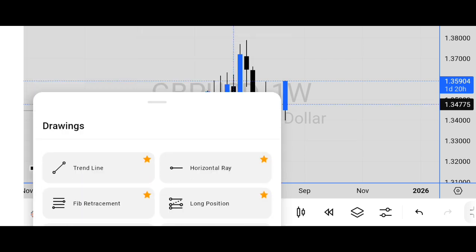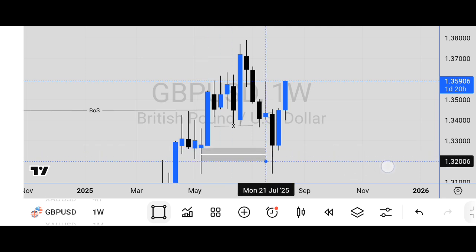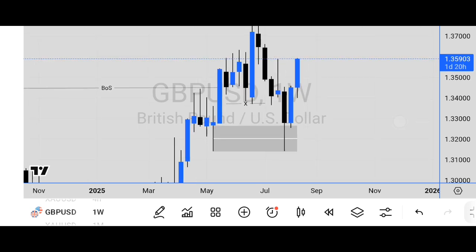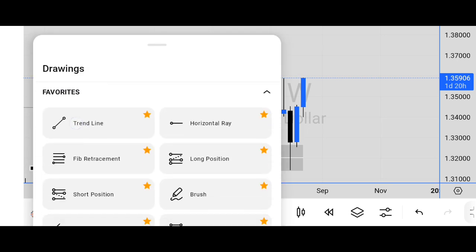So right here we have our order block. Since the market reacted to this order block, that's the reason the market is having bullish reactions right here.